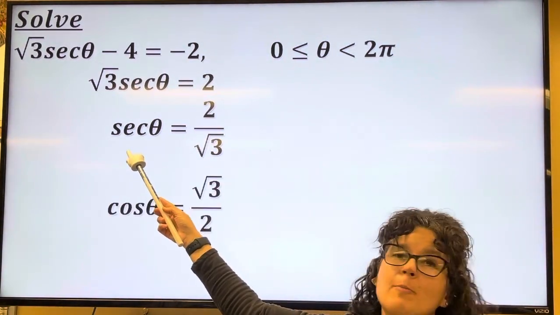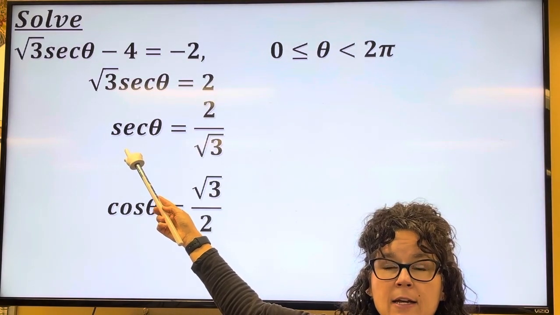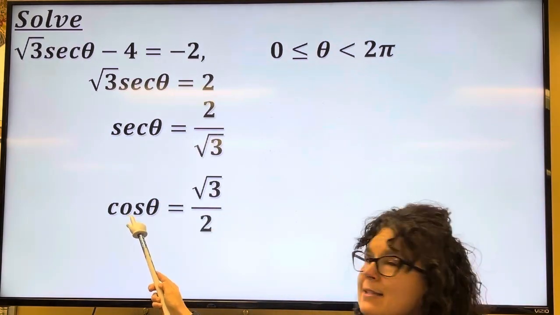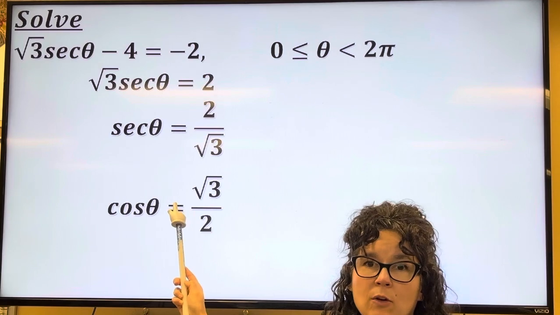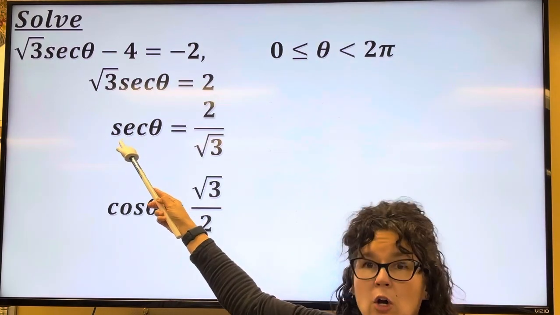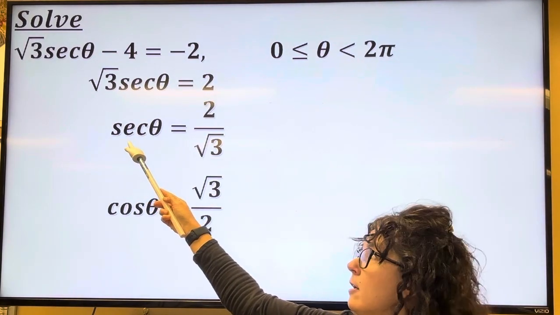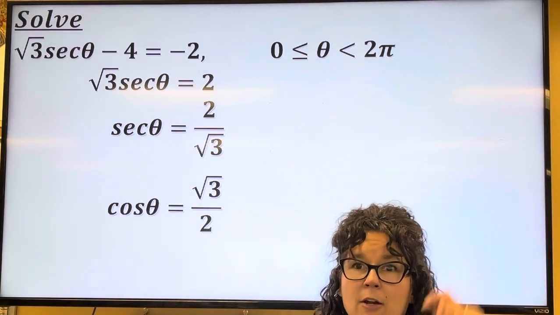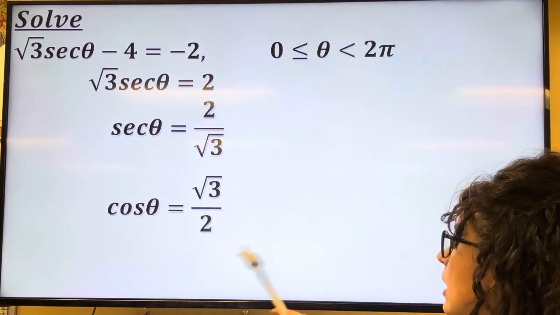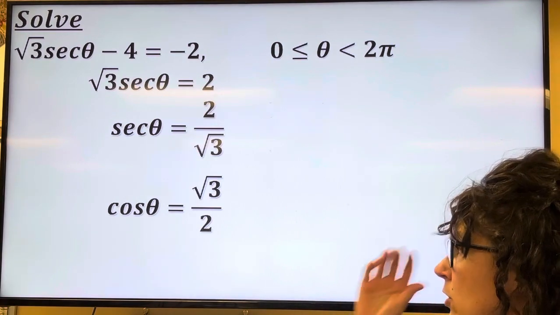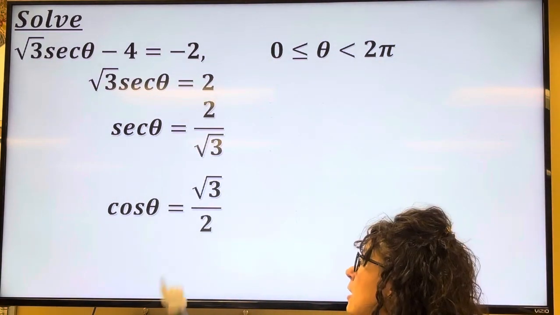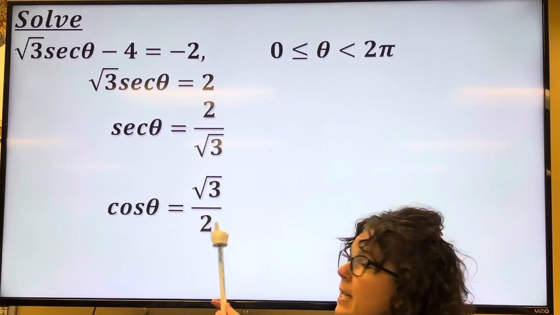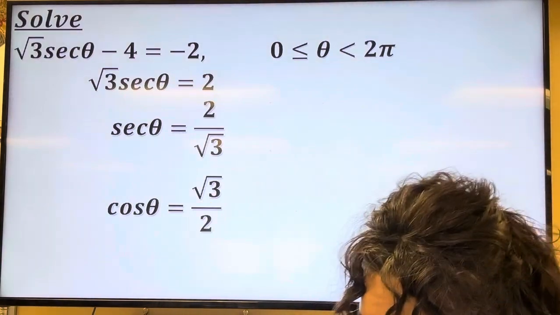If this would have been cosecant of theta, then I would have had the sine of theta by flipping that over. And if this would have been cotangent of theta, then I would have the tangent of theta by flipping that over. Okay, so now all I need to do is look on my unit circle, cosine comma sine, for what angle measures give me an x-coordinate of root 3 over 2.